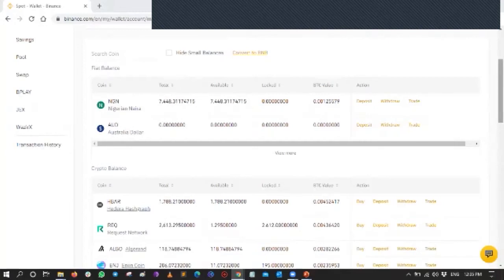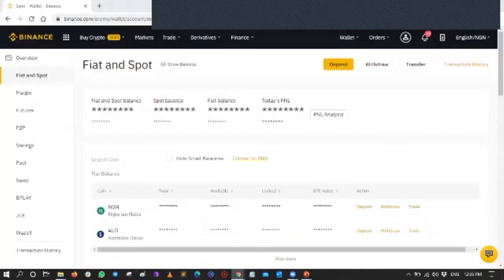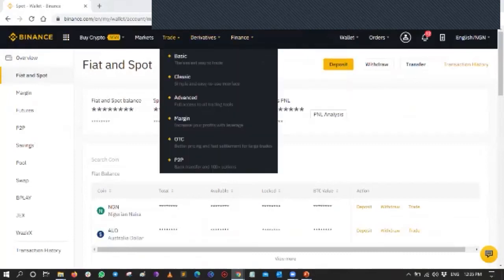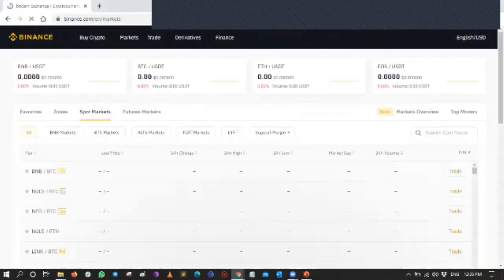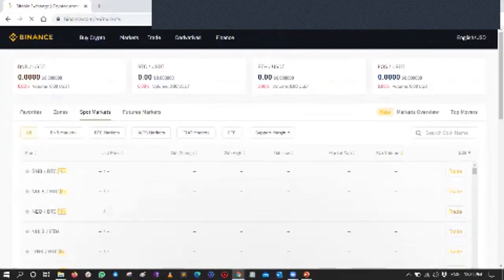Okay. All right. So now let's look at the market. We remember we discussed about market the other time. So let me show you what the market looks like at market pair. So this is market, and what you see here is market pair, BNB/BTC.